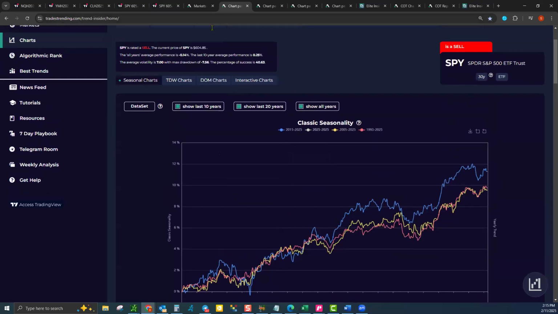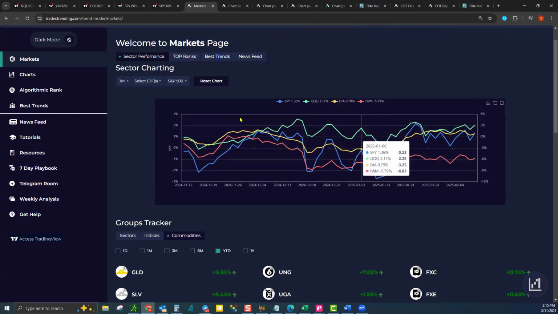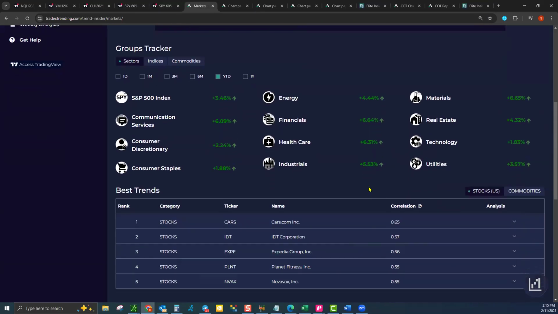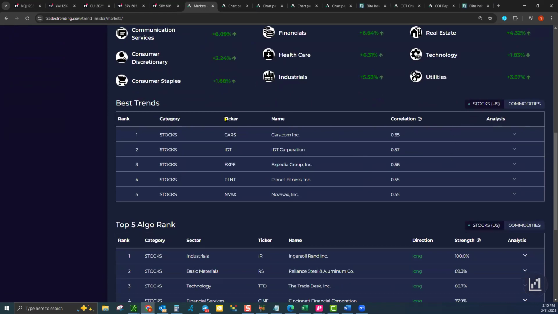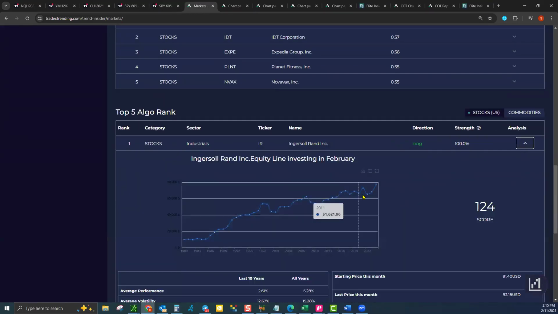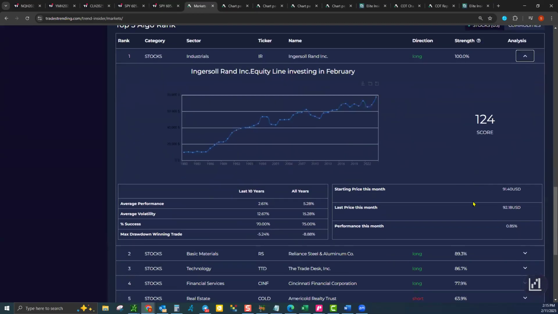This is my Trend Insider. This is my main dashboard, my main hub, and I can come down here, look at sectors, indices, all that good stuff. I've got scanners built in here based off of seasonality, based off AI that updates every day, giving me my highest probability conviction picks.